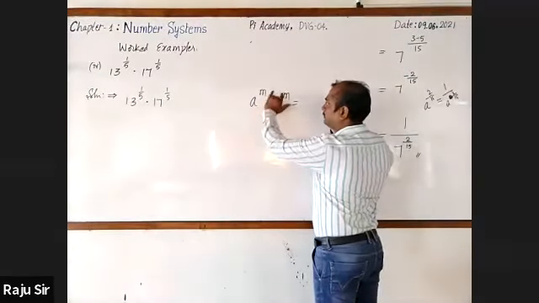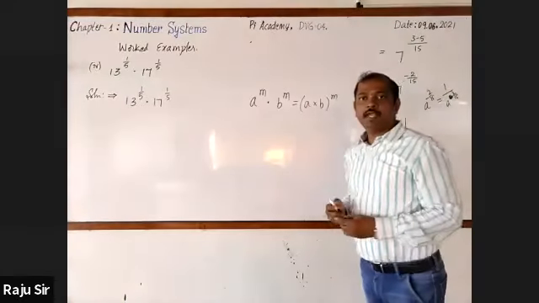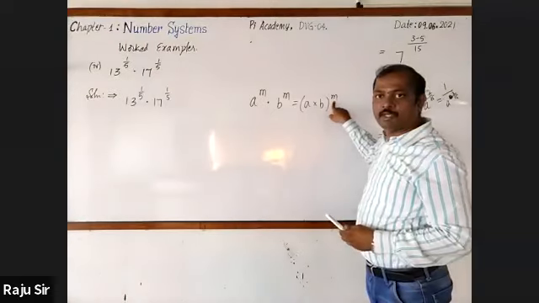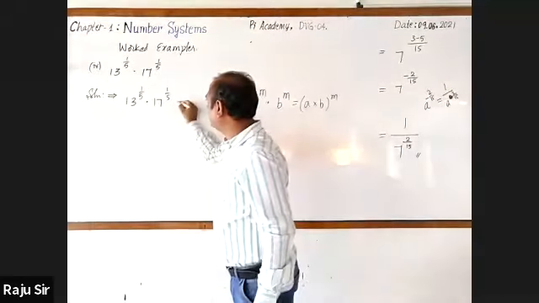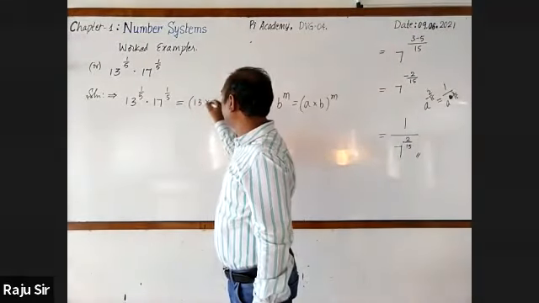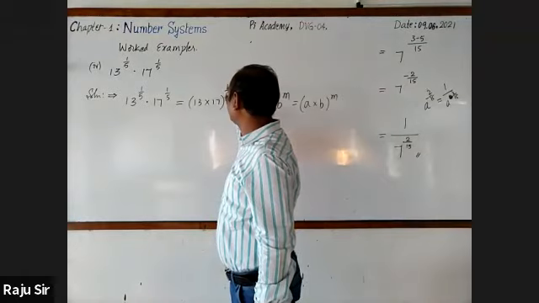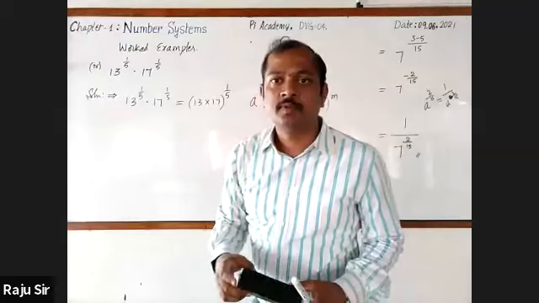Bases are different, powers are same. And this can be written as (a into b) raised to the power m. Similarly, the given statement can be written by multiplying the bases. It is (13 into 17) raised to the power 1 by 5. Got it? Okay, copy that.